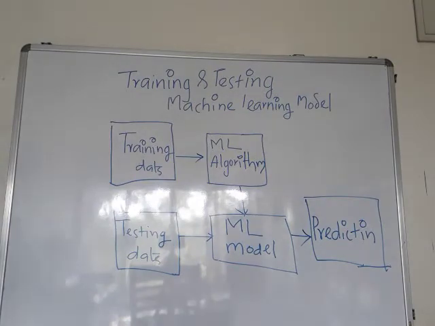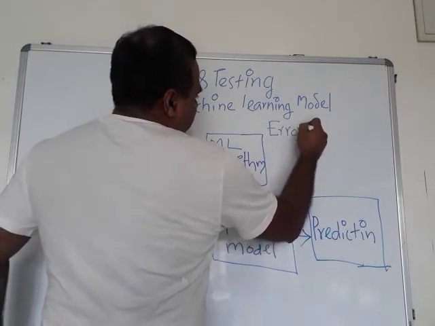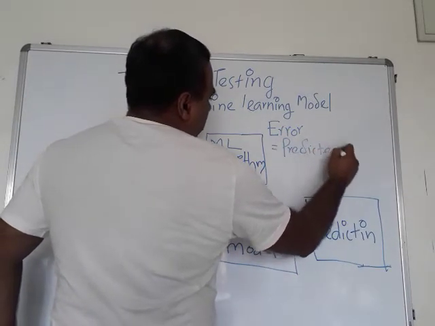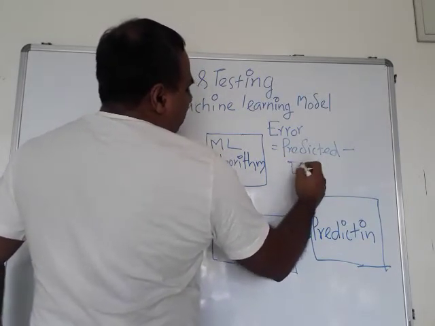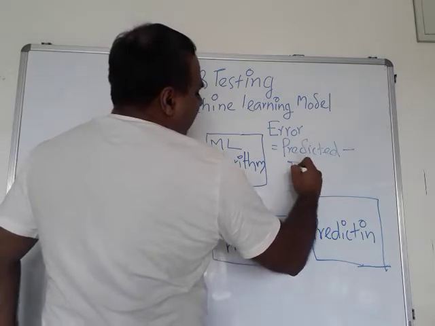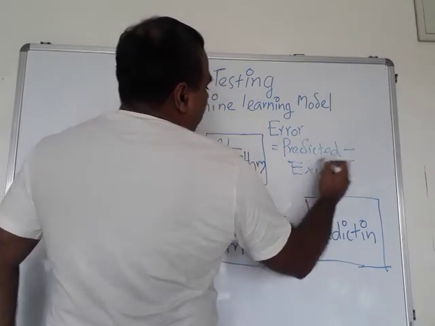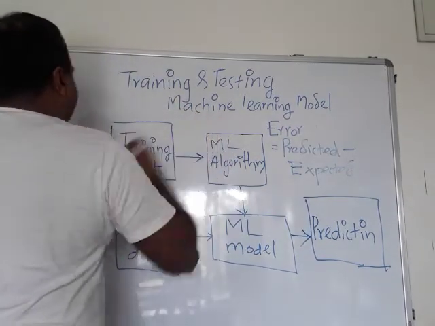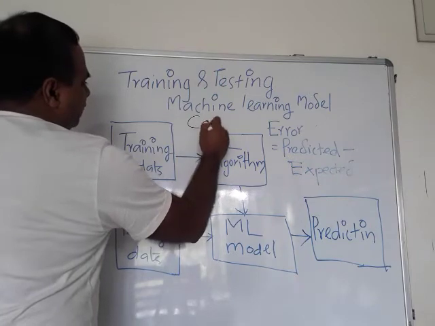Here you can understand, error is equal to predicted value minus expected, actual value. Predicted value minus actual value, or expected value. This is known as the expected or actual value. This is known as the error. Error in terms of a function, we will define as a cost function. Normally error we usually define in terms of a cost function.